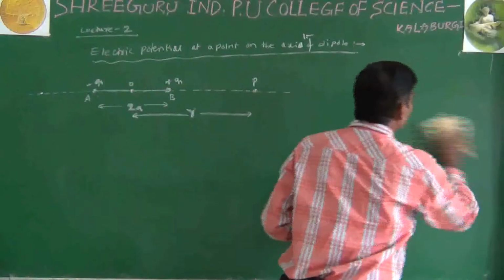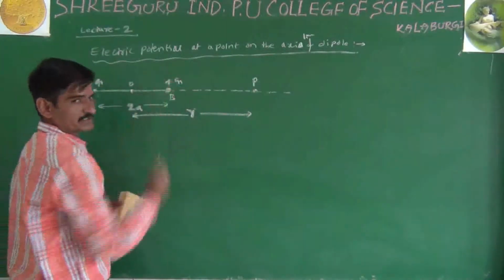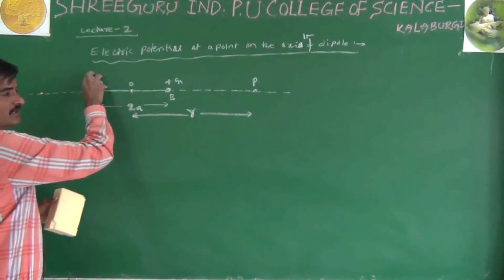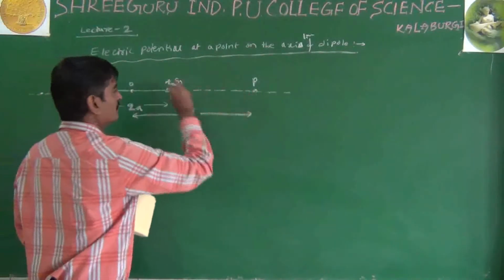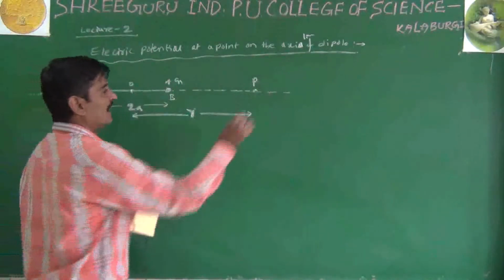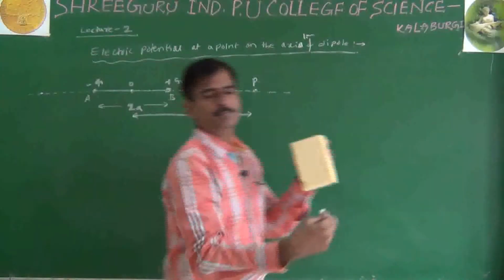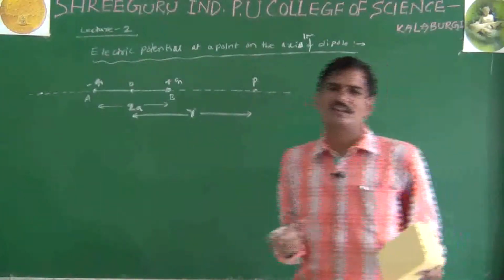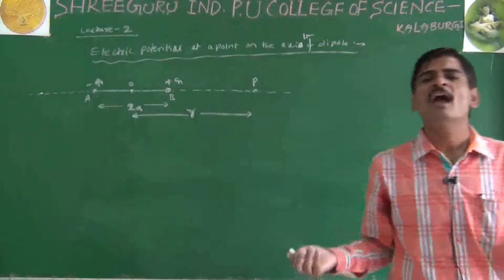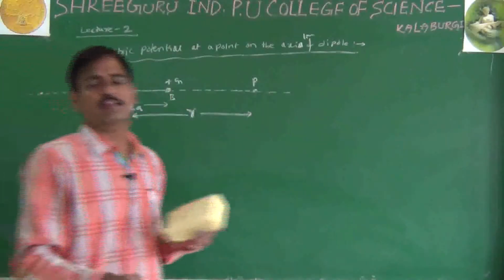So now, I will consider electric potential at this point due to only one charge first, and then electric potential at this point due to the other charge. Electric potential is a scalar quantity, so you can very simply add them algebraically.